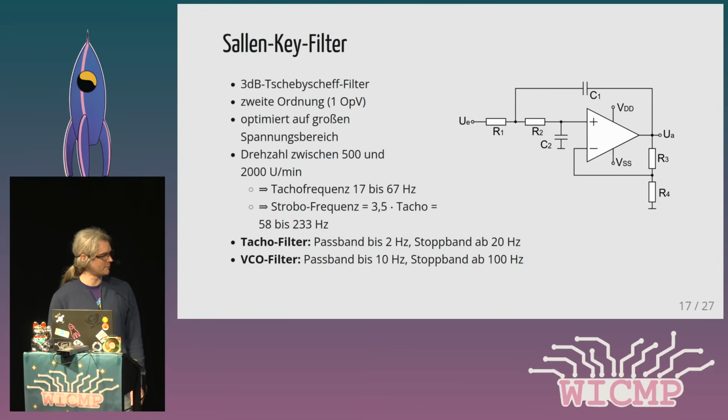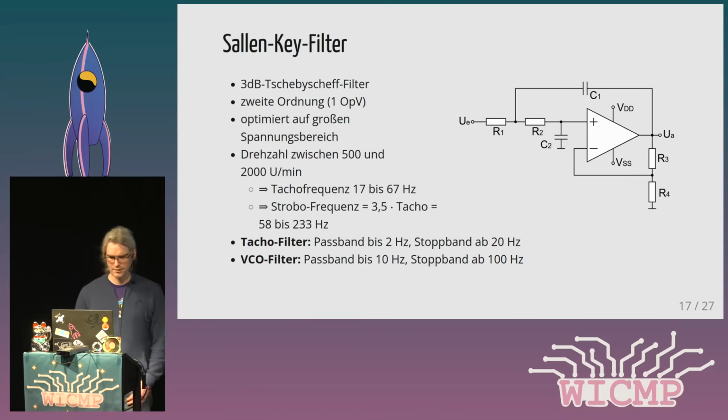This results in a speed signal frequency from 17 to 76 Hertz and a strobe frequency of 3.5 times the speed signal, resulting in 58 to 233 Hertz. And so we can set in the filter designer to only have certain values from that input, and so the stop bands are not aligned exactly to the real ones.